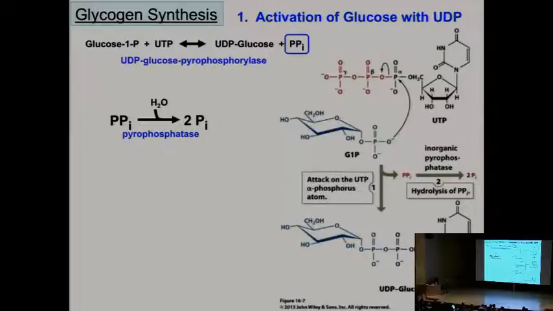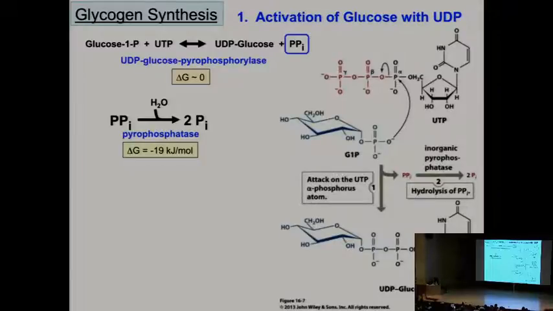The enzyme pyrophosphatase hydrolyzes the pyrophosphate into plain phosphate, and this is an exergonic reaction, so it releases energy. In contrast, the UDP glucose pyrophosphorylase reaction doesn't really have an energetic incentive to go one way or the other, but because the pyrophosphatase reaction consumes all of that pyrophosphate, it shifts the equilibrium toward making UDP glucose in a big way.